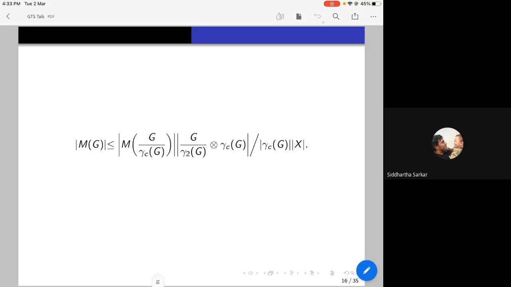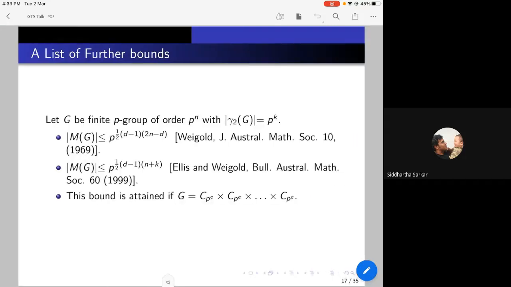So we have an upper hand when we have such an X, and actually the investigation of this X provides us with even more refinements of the existing bounds on the order of the Schur multiplier. So a list of further bounds.